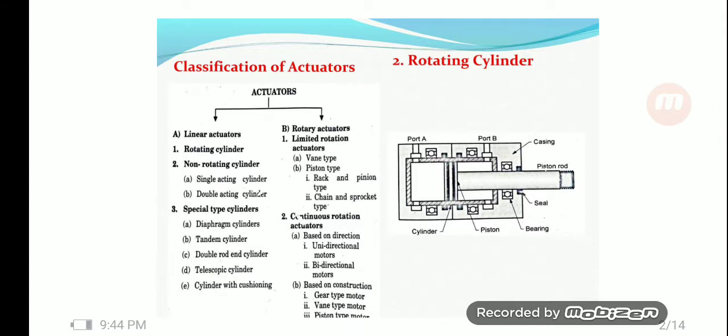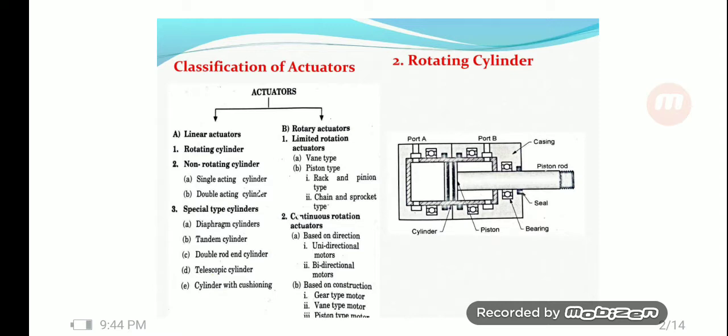Continuous rotation actuators are subdivided into two parts: first based on unidirectional and bidirectional motors, and second based on construction. It is also subdivided into three parts: gear type motor, vane type motor, piston type motor. Now let's see the classification briefly.